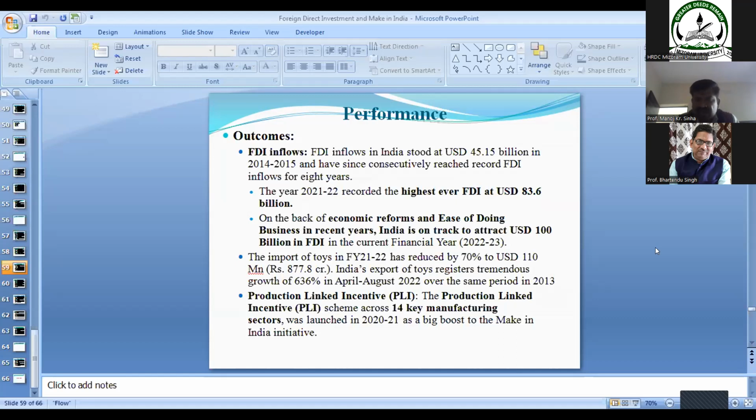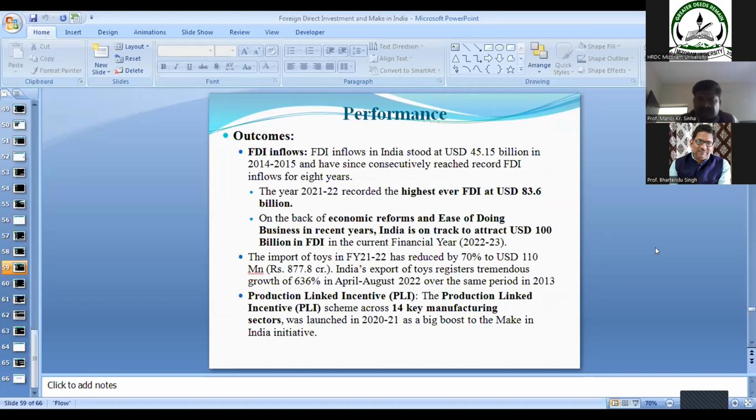Import of toys in 2020-22 reduced by 70%, and India's export of toys registered tremendous growth of 636% during April to August 2020 over the same period in 2013.